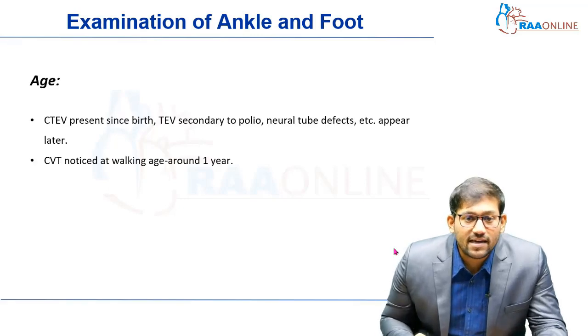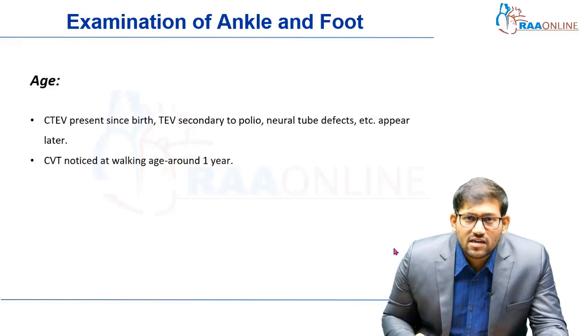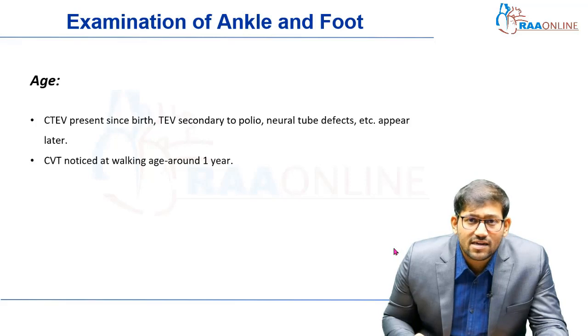So coming to the age, most often congenital talipes equinovarus is found out at birth. It's found out due to the abnormal position of the feet when the child is born. It can be found out either by the obstetrician or by the pediatrician or even by the patient, as in the child's mother or their relatives, wherein they say that the foot is turned towards the inside.